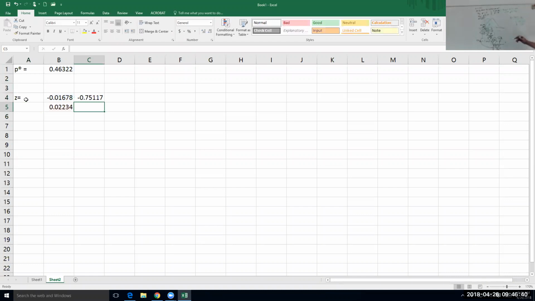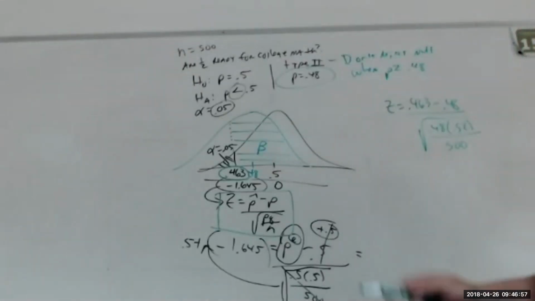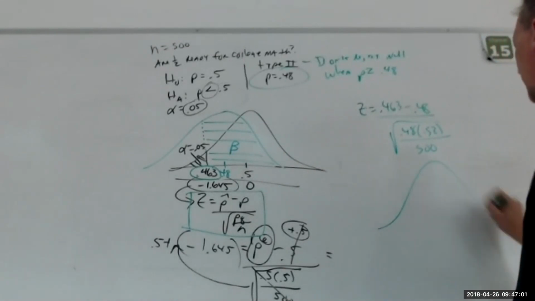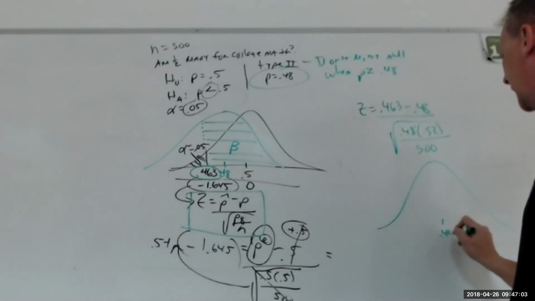Okay, so essentially what I've done, here I'm going to redraw my green curve. It's kind of hard, I've got too much crowding here. Okay, so essentially I'm redrawing the green curve. We think this value is 0.48.